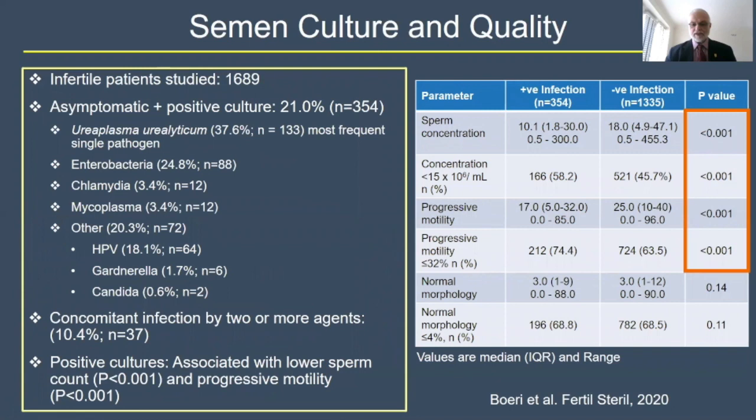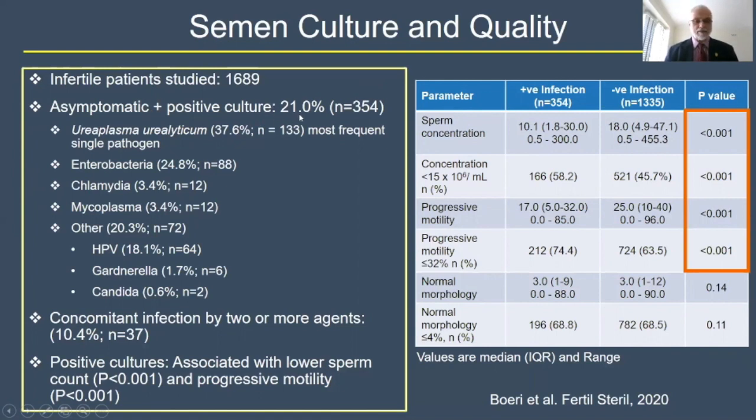In a recent study from last year by Burry, these authors investigated more than 1,600 patients. Among these patients, they found asymptomatic patients with a silent infection and a positive semen culture in 21%.